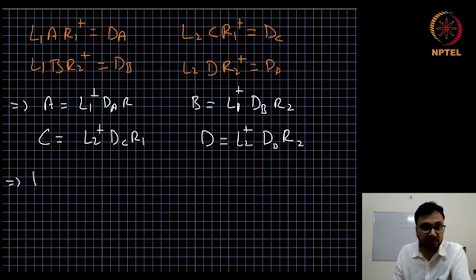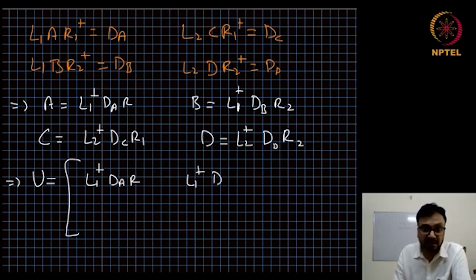So this implies that U can be written as the matrix with entries L1 dagger dA R1, L1 dagger dB R2, L2 dagger dC R1, and L2 dagger dD R2.